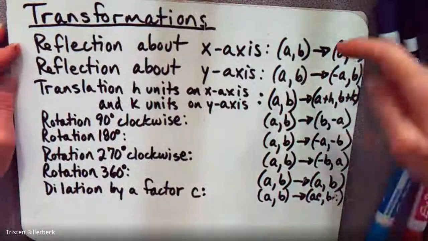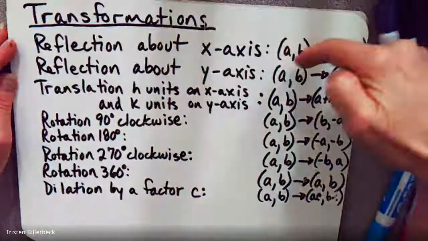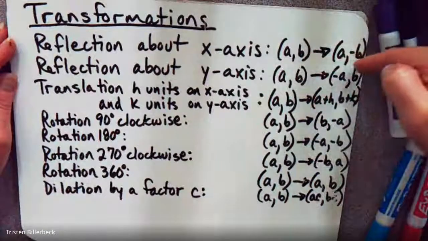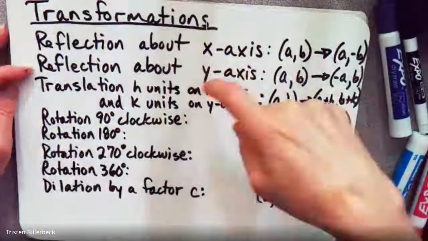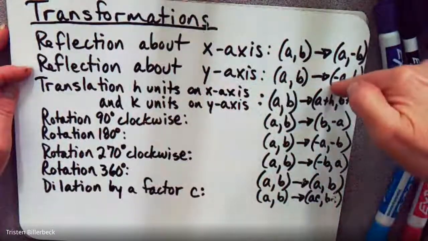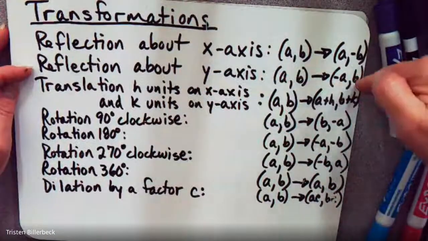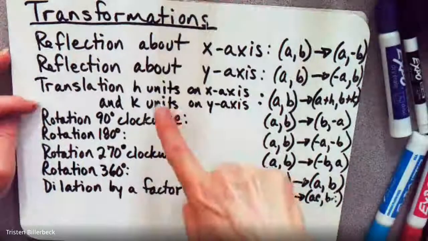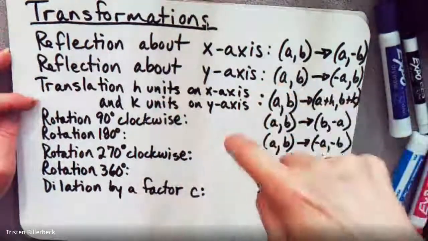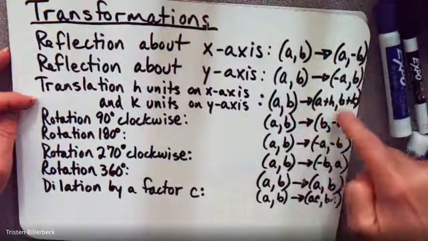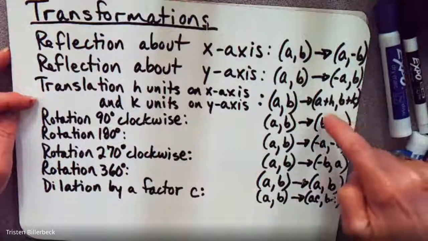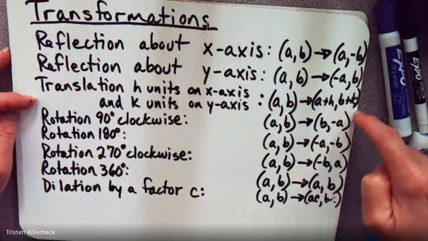Okay, so we've studied so far that a reflection (A, B) becomes (A, negative B), and that's about the x-axis. A reflection about the y-axis is (negative A, B). A translation H units on the x-axis and K units on the y would look like this: (A plus H, B plus K).